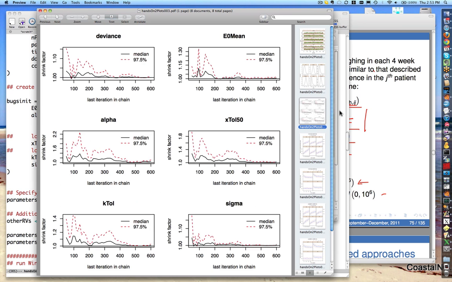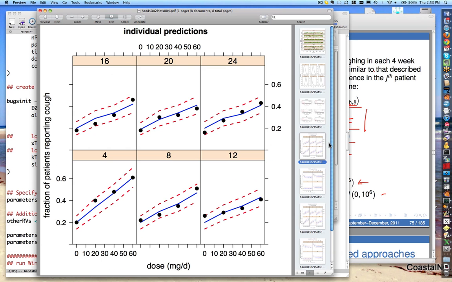If we look at our Gelman-Rubin-Brooks plots, they're all reasonably clean in this instance, again confirming what we see with the history plots. We've got our fits. In this case, we have our individual predictions where I've plotted fraction reporting cough versus dose, and each one of these panels is a different visit.